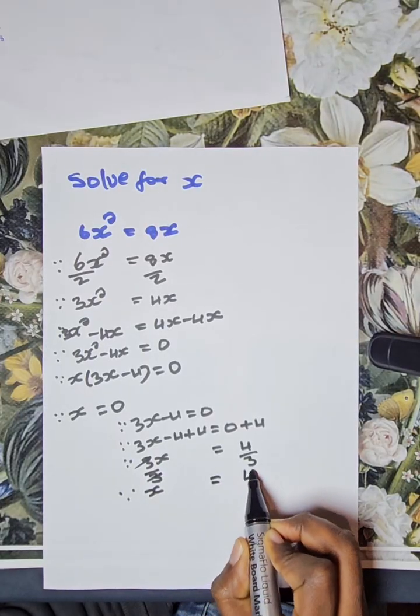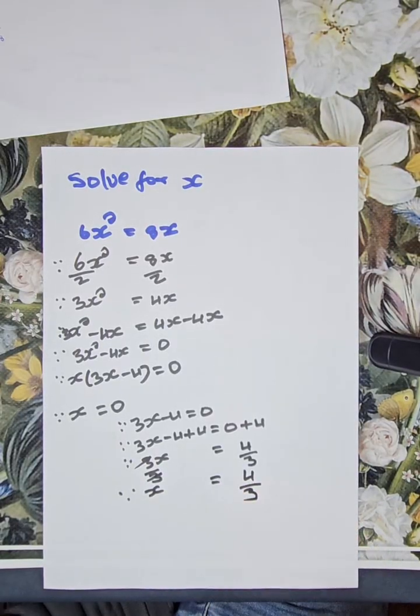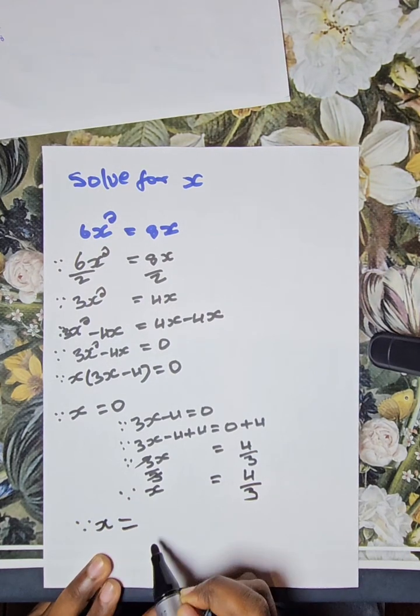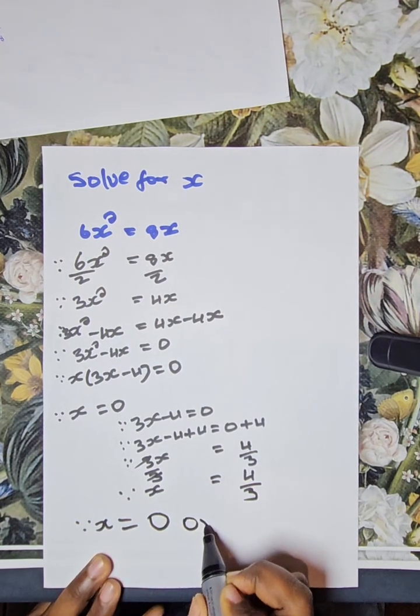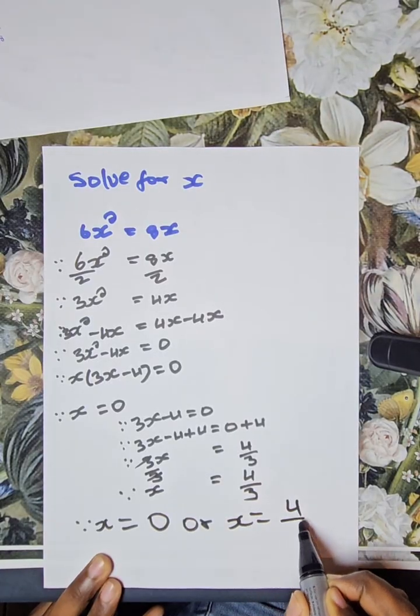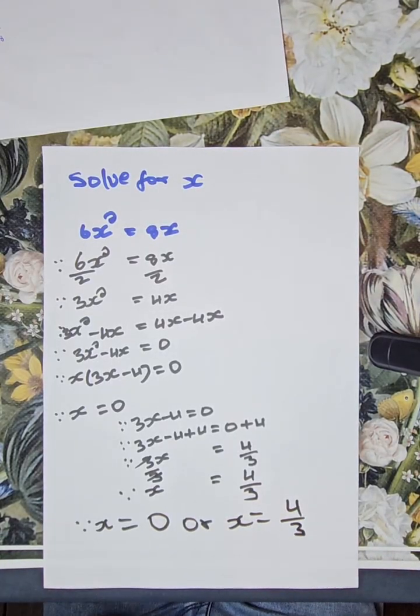Now we have two solutions. One is x equals 0, or x equals 4 over 3. Because we have a quadratic equation, and we always know that a quadratic equation has two solutions.